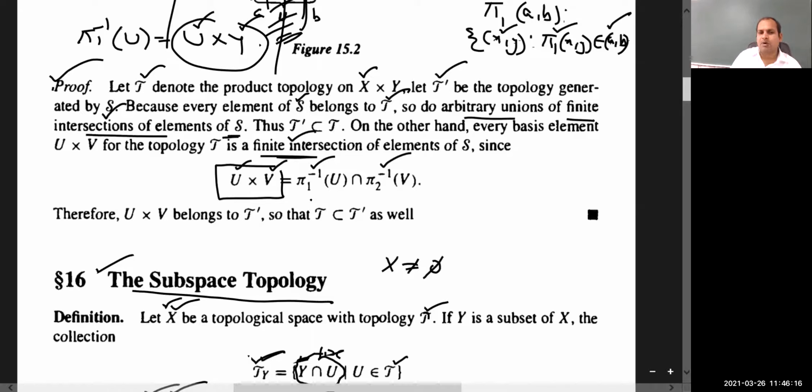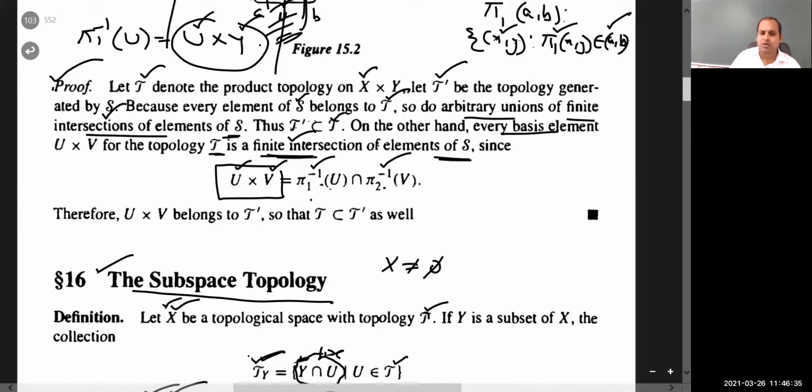So actually, why this topology generated on X cross Y is going to contain this topology is explained here. On the other hand, every basis element U cross V for the topology script T is a finite intersection of elements of the subbasis.